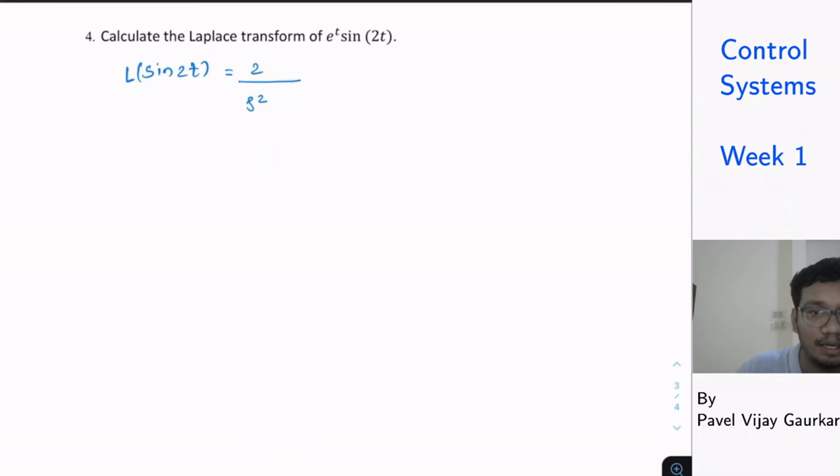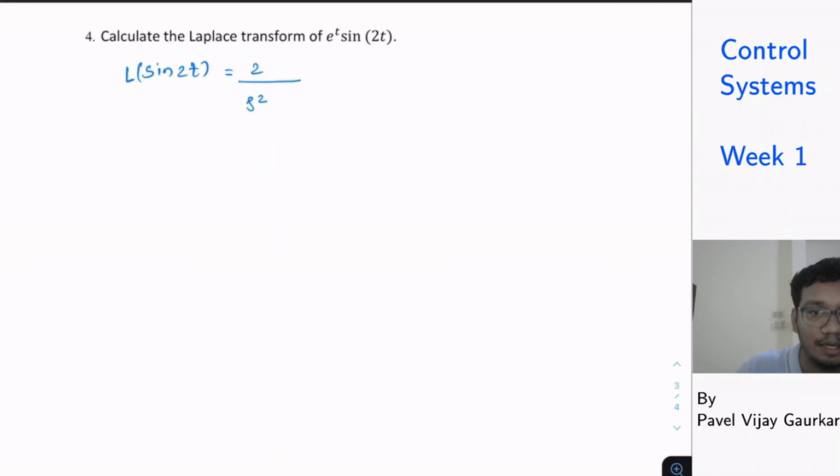So here the value of a is minus 1. So the complex variable s will get replaced by s minus 1.